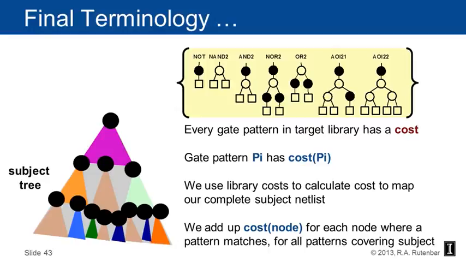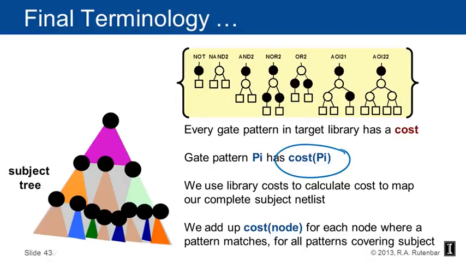So the final terminology is that every gate pattern in our technology library has a cost. So gate pattern P_i has a cost. We're going to say that's cost sub P_i. And we're going to use the library costs to calculate the cost to map the whole complete subject tree. Now what I've got shown on the left here is a whole bunch of little triangles that each have at their top, their pointy part, a big black circle, because that's the root where those things match.